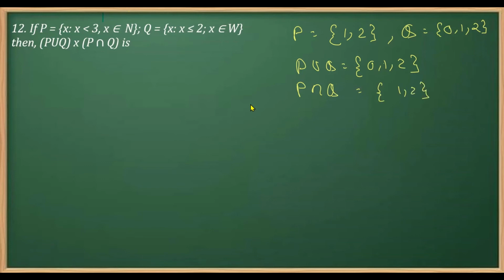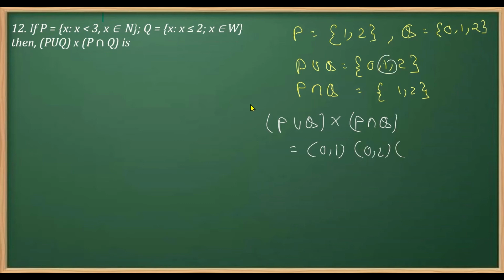Now check what we have to get. We have to get their Cartesian product, so that means this cross this. It's important to understand that we have to get P union Q cross P intersection Q. Their reverse is not true. So from the ordered pairs, 0 can be paired with 1, 0 can be paired with 2.